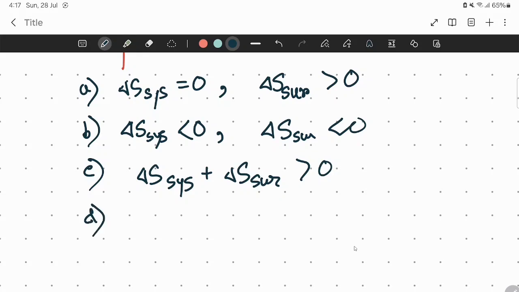Indeed, the system is 0, surroundings also 0. See, because that essentially means the del S universe, system plus surroundings, should be the del S universe, so it will be the correct option.